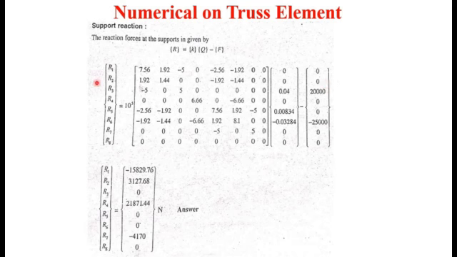Similarly we can calculate all the reaction values R1 to R8. The values of these reactions are calculated and shown here. This is how we solved a numerical on the truss.